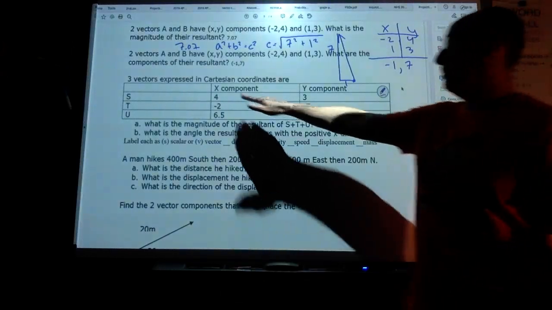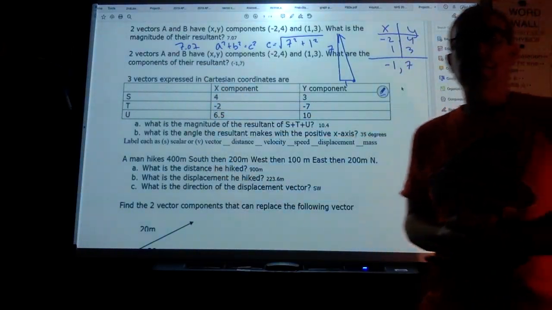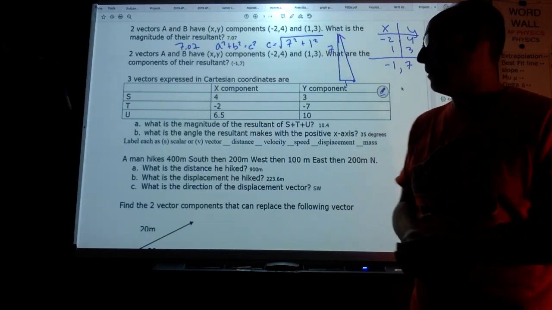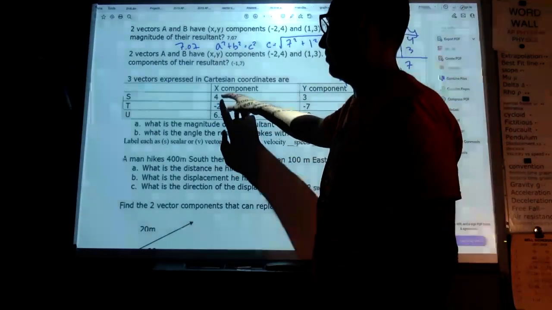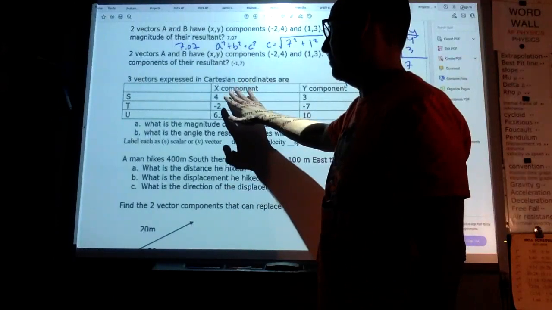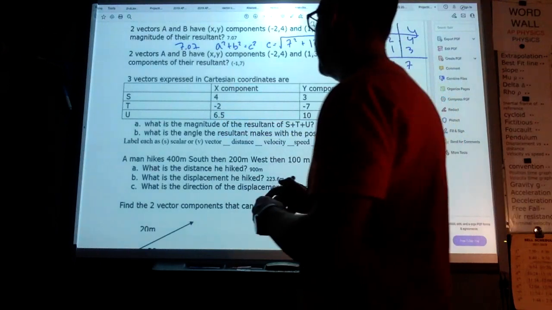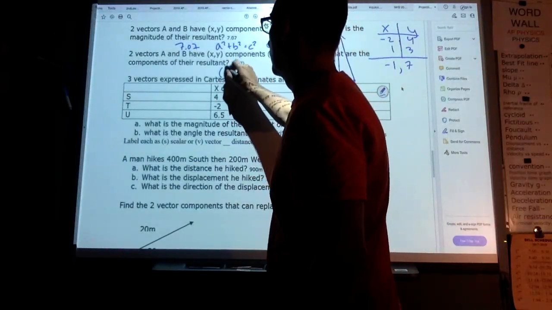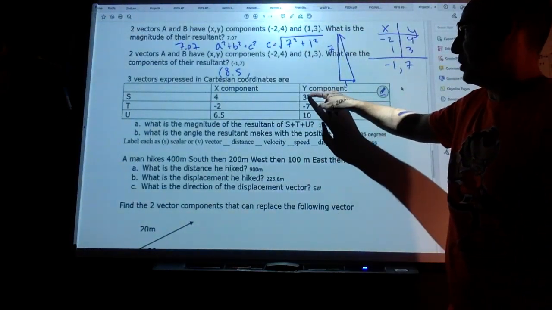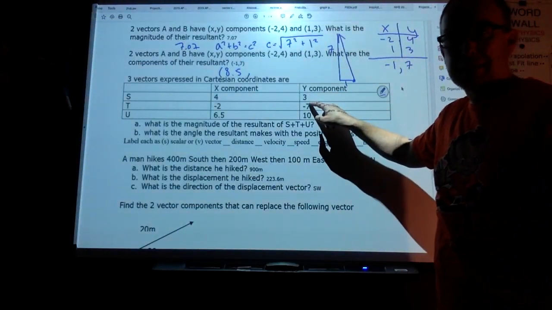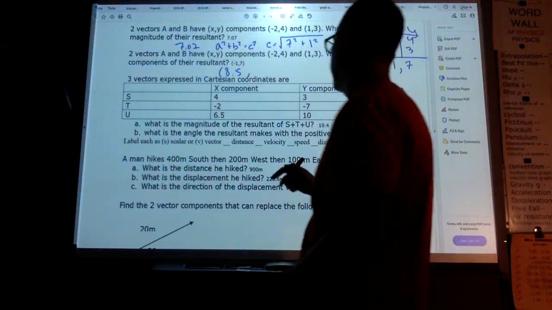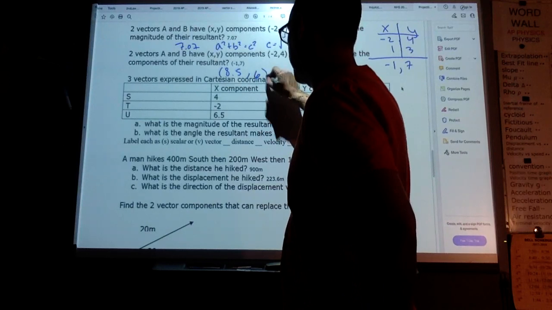All right, so in this one, they give us 3 vectors that are expressed in Cartesian coordinates. We're supposed to add them together. So I'm going to add the components together. I have 4 plus -2 is +2, plus 6.5 is going to be 8.5. That's my x coordinate. My y coordinate is going to be 3 plus -7, so 3 minus 7 is -4, plus 10 is +6.